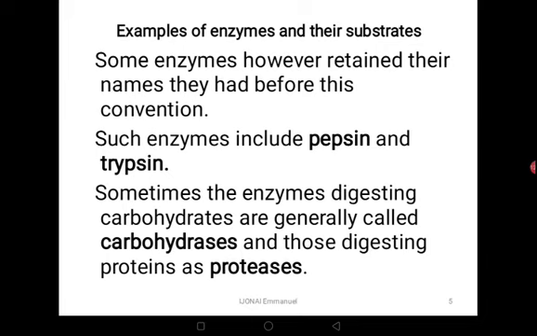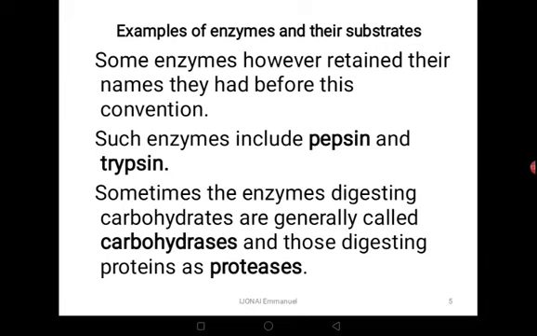Then we have some enzymes which retained the names they had before. Before the nomenclature was introduced, all enzymes had their original names. But some of the enzymes, even after the nomenclature was introduced, retained their original names. For example, enzymes like pepsin and trypsin retain their names. So they don't conform to the current nomenclature of the suffix "ase".